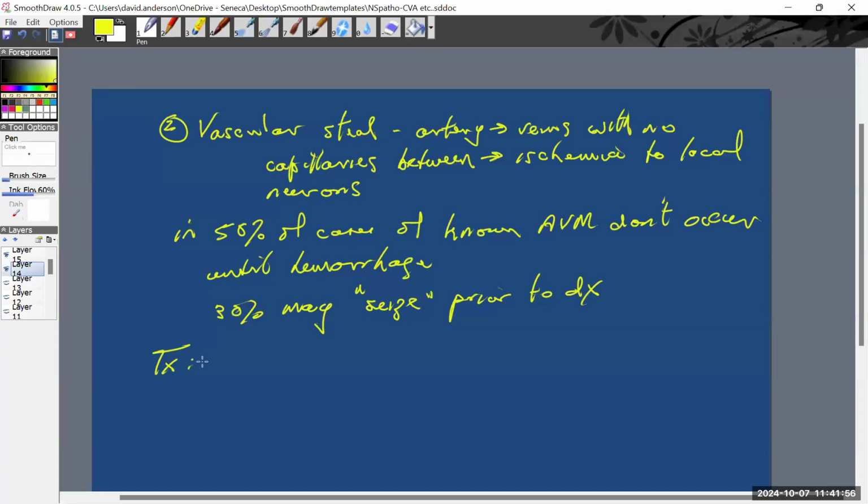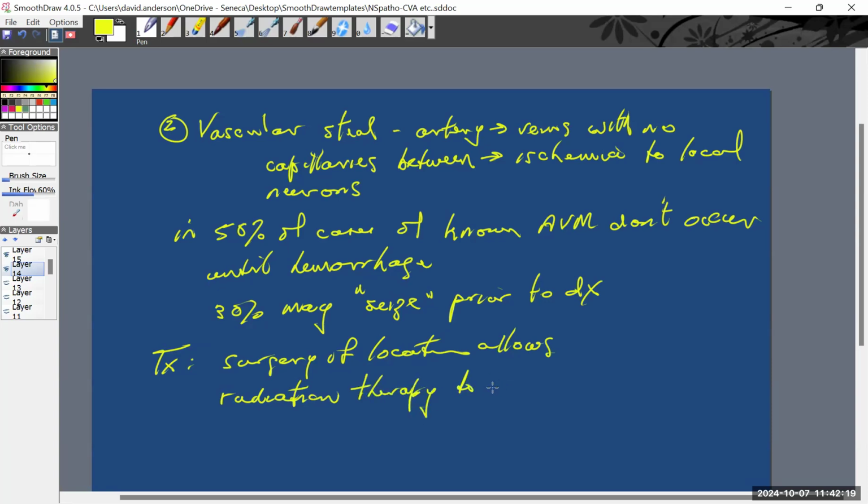So in the case of treatments, surgery, if the location allows, or radiation. Basically, radiation therapy is designed to destroy the blood vessels, block them all up, create scar tissue, and promote redistribution, collateral circulation around that area to replace what would be missing otherwise.